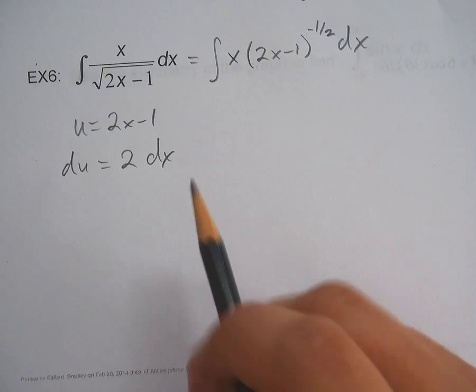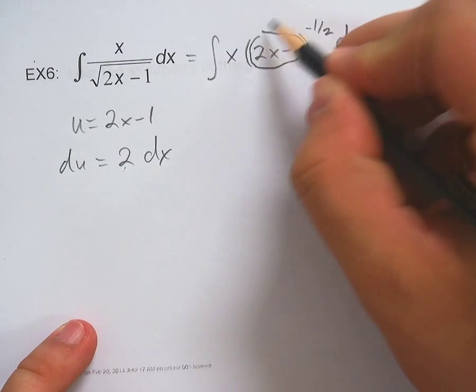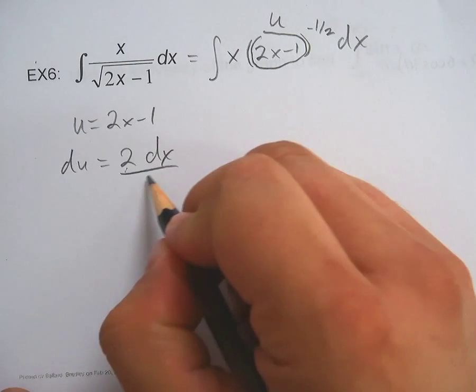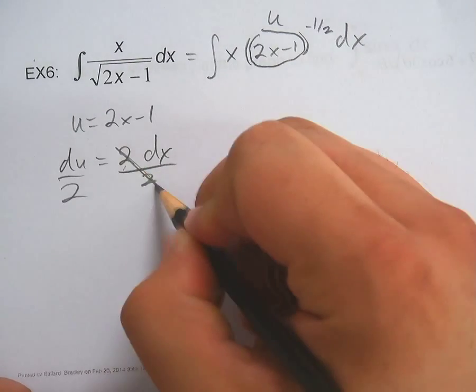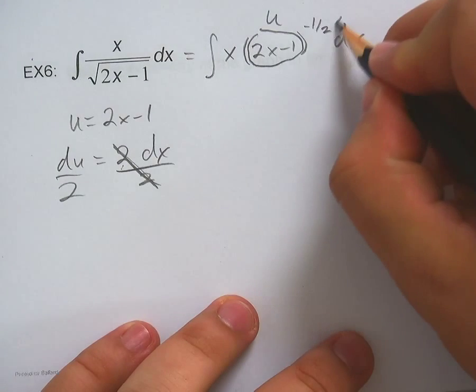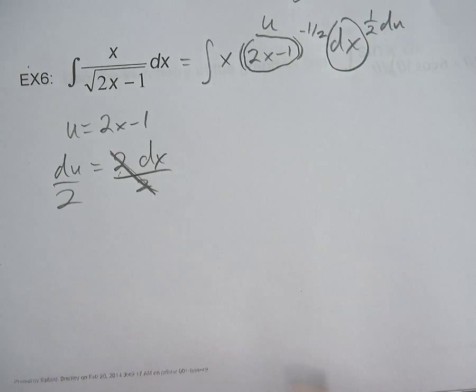Interesting. So I've got no 2 here. I've got u. I've got to compensate for this 2, so I'm going to divide by 2. So dx is going to be 1/2 du, or du over 2.